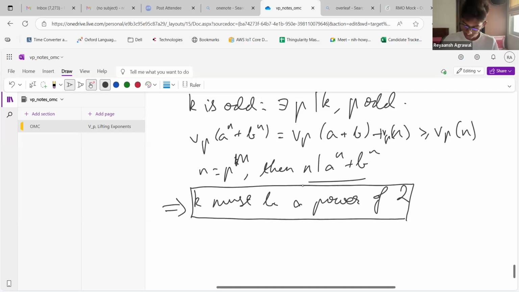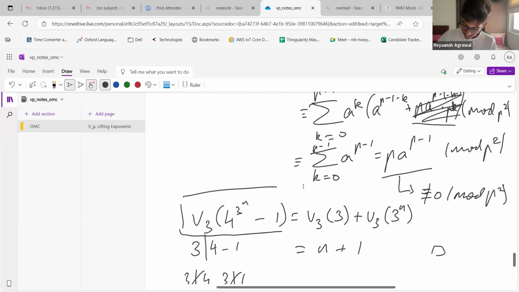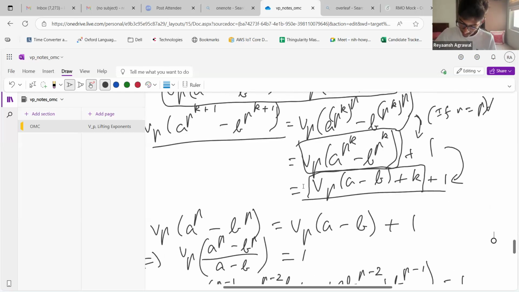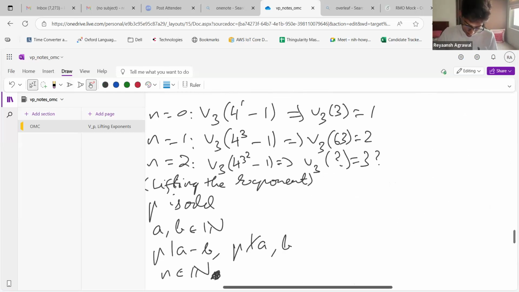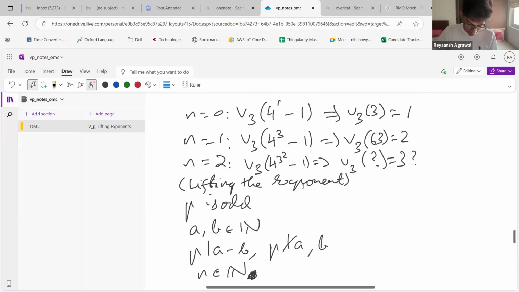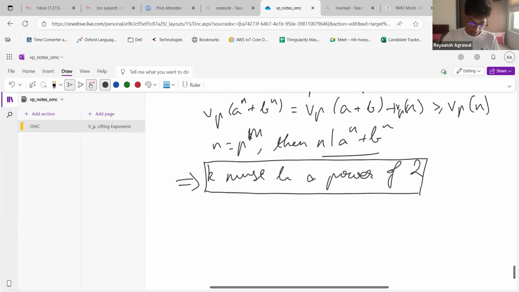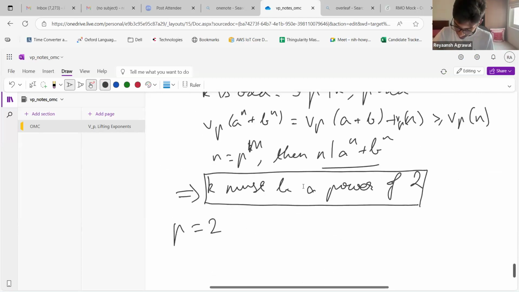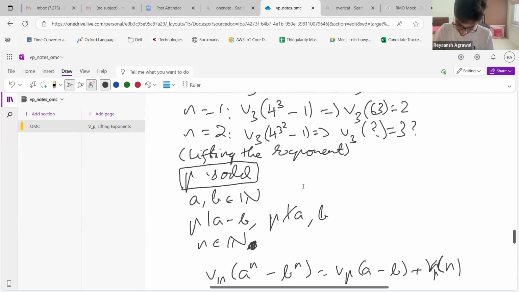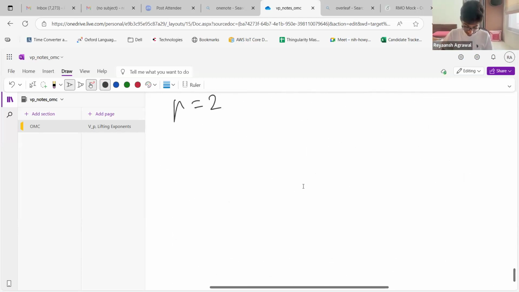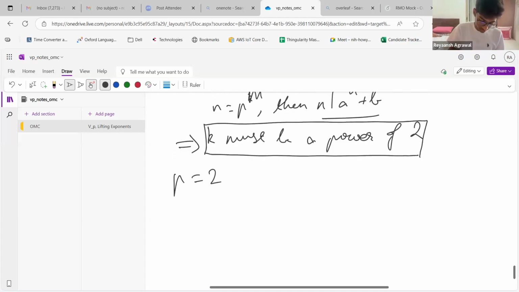You also must note that in the statement of LTE, I had stated that p is odd. So we have a sort of problem if p is equal to 2, because then the statement of LTE becomes much more complicated.